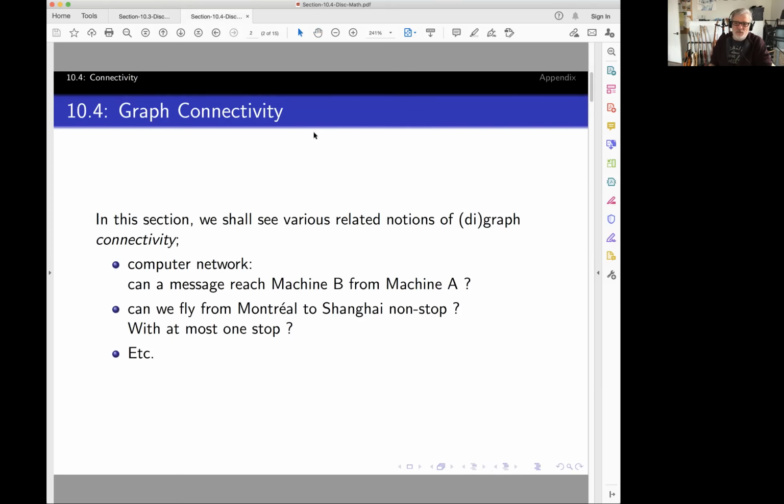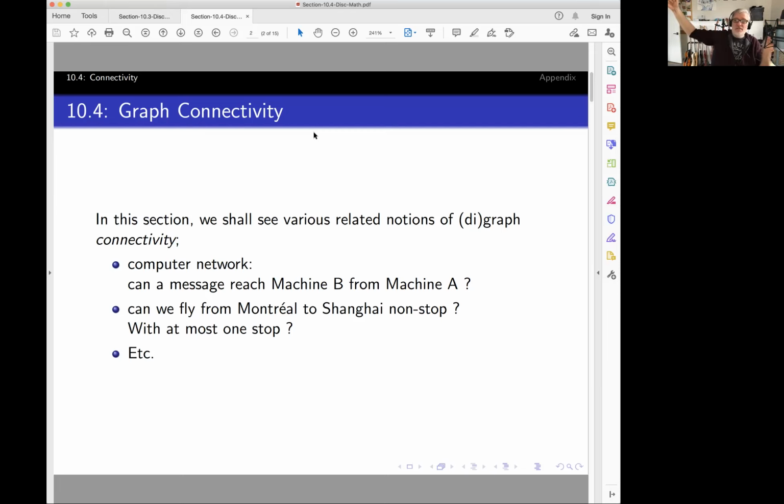So informally, what is graph connectivity? If I give you a digraph or a graph, you want to know if you can go from one vertex to another following edges, right? If you have, let's say, a network, and you model it as a digraph saying, this machine can send a message to this machine, you might want to know if that very far away machine can send a message to that very far away machine there.